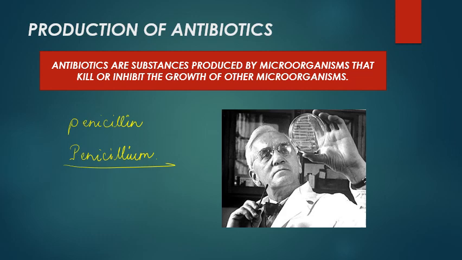They are also used to control the bacterial diseases in plants and in animals. They are mixed with the food and used to cure the microbial infections in poultry and in cattle.